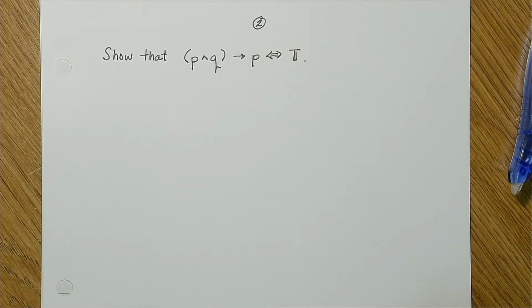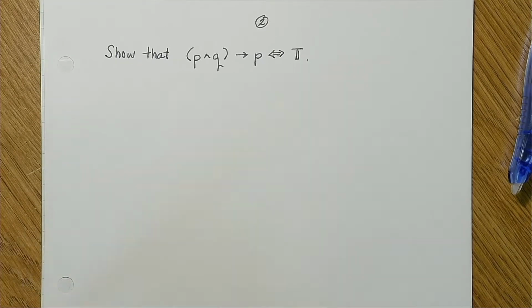So for this exercise, just take 3 to 4 minutes and write this out. It'll be very similar, but we have P and Q implies P is a tautology.